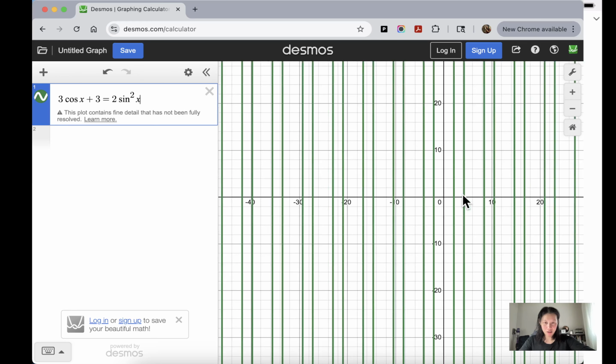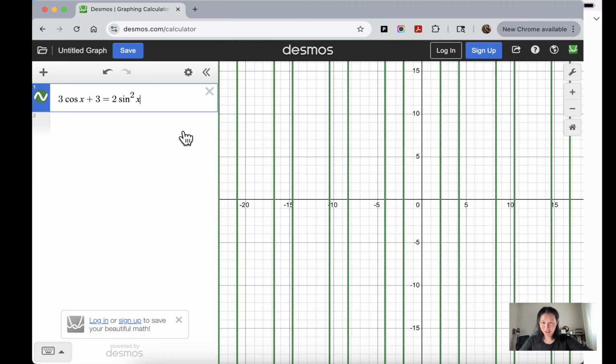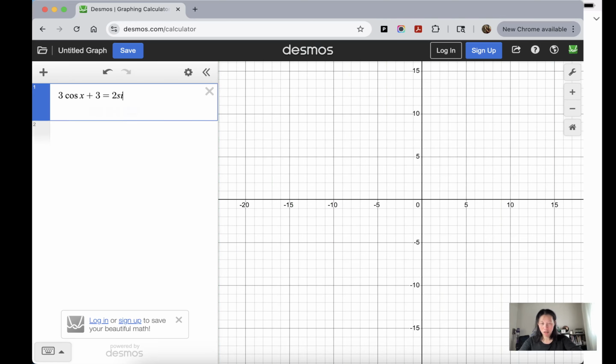Okay, this is a little bit off. Let me rewrite it in cosine after we transform the function.